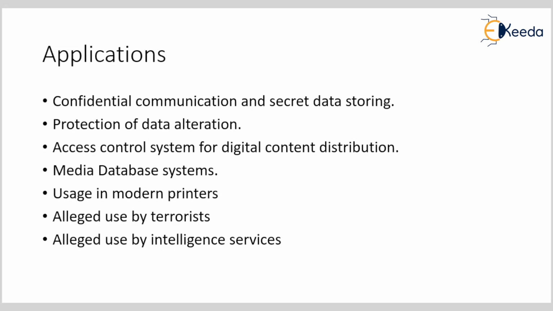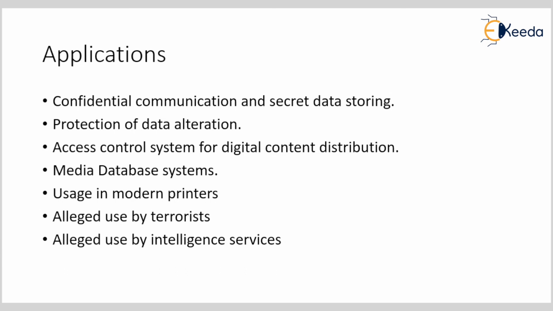These are some of the applications of steganography: protection against data alteration, media database systems, alleged use by terrorists and intelligence services, access control systems for content, and digital content distribution.